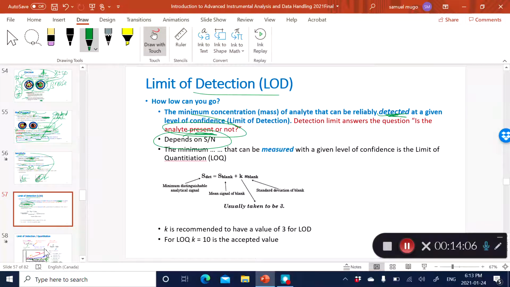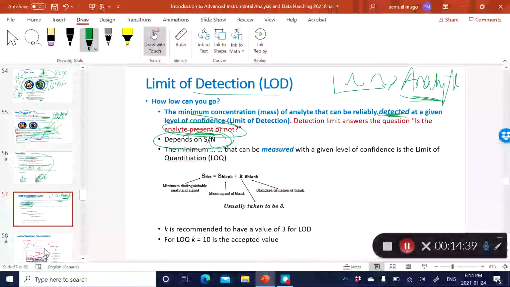In the next lecture, I'm going to talk a lot about the noise, because the limit of detection is very, very close to the noise level. So the signal is very small, meaning it's the minimum signal that I can associate with the analyte. Another nice definition is the minimum signal that the instrument can give me that I can associate with the analyte.